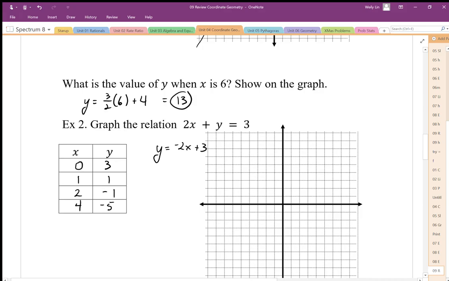So I have my coordinates here: (1, 1), (2, -1), (4, -5), down here, and it's generating this straight line pattern. So although it's not written in slope-intercept form, I can still rearrange it to slope-intercept form, or even when I'm stuck, I can still just plug values into my table and work out my pattern.